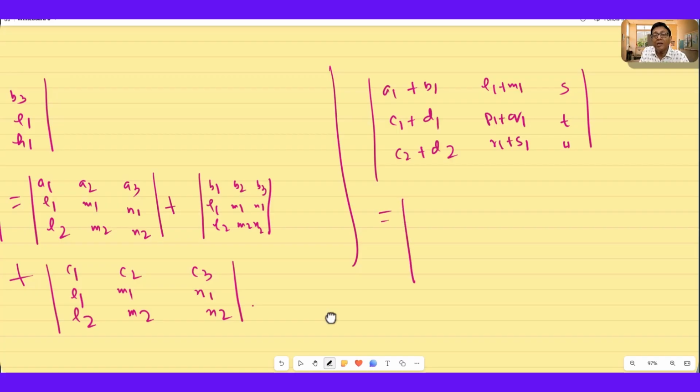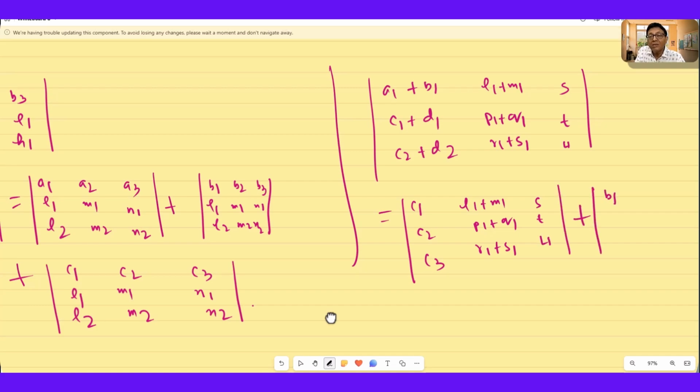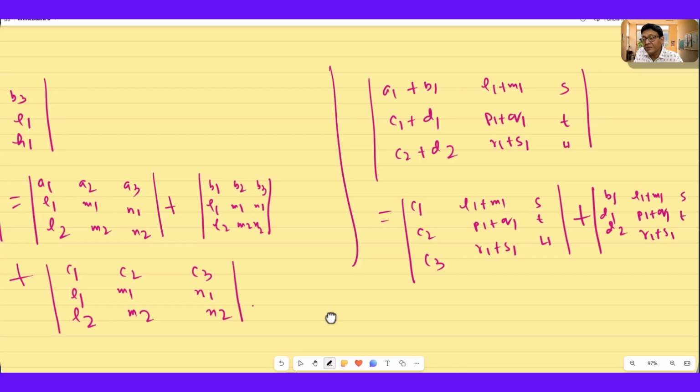What I do here, I write C1, C2, C3, then L1 plus M1, P1 plus Q1, R1 plus S1, STU, and here B1, these will come here, B1, D1, D2, L1 plus M1, P1 plus Q1, R1 plus S1, STU.